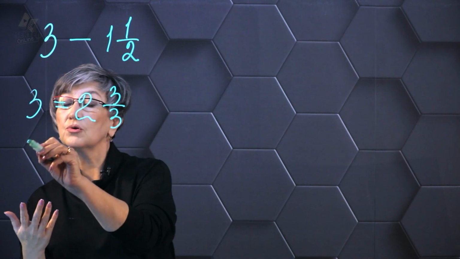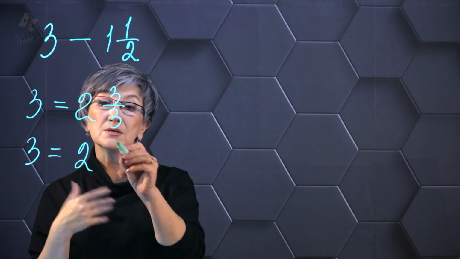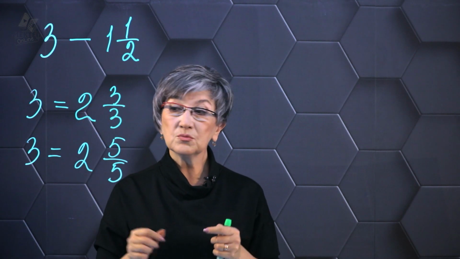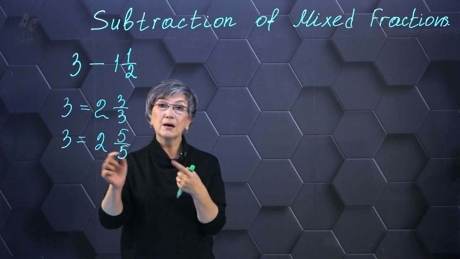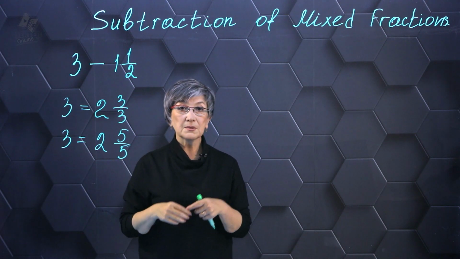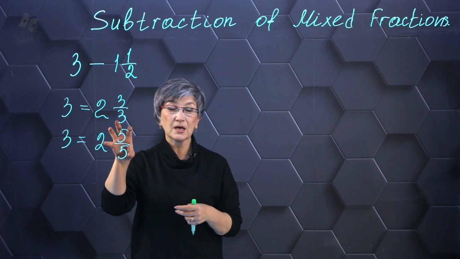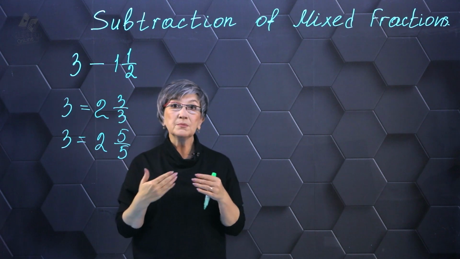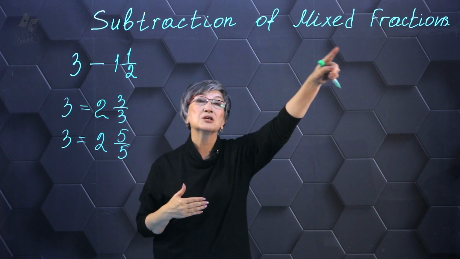I can also write 3 as 2 whole ones, let's say, and 5/5. I can do that. Why? Because 5/5 is 1, and 2 plus 1 would again be 3. So I can write any number as a mixed number, and I can choose the denominator that I want. Let's remember the rule of subtraction of mixed numbers.